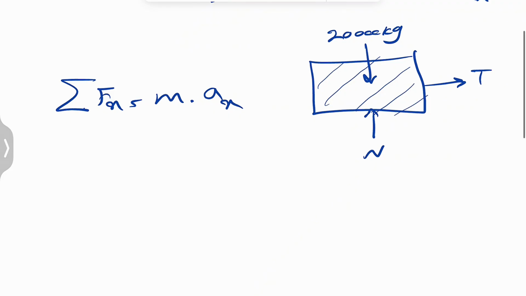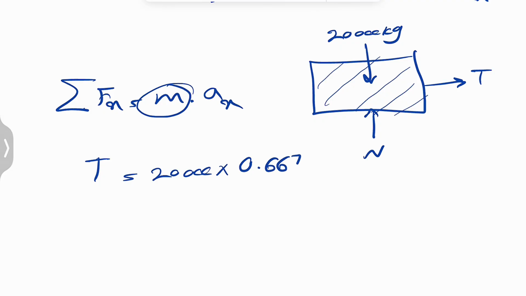So the tension in the cable, which is what we are trying to find, equals the mass of 20,000 kilograms times the acceleration 0.667, giving the tension in newtons.